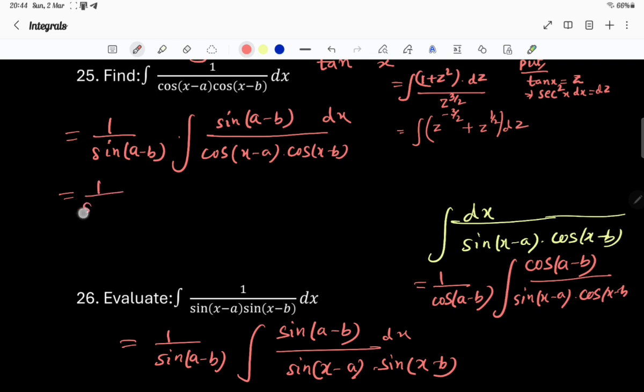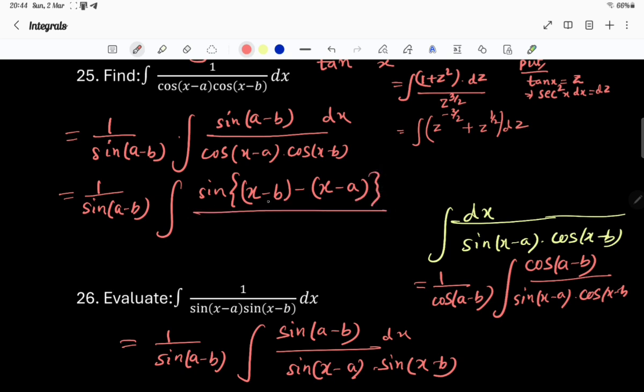In that case, you will make the numerator as sin of x minus b minus x minus a. So if you write like this, see, instead of a minus b, I am writing x minus b minus x minus a. It is the same thing. Understood?